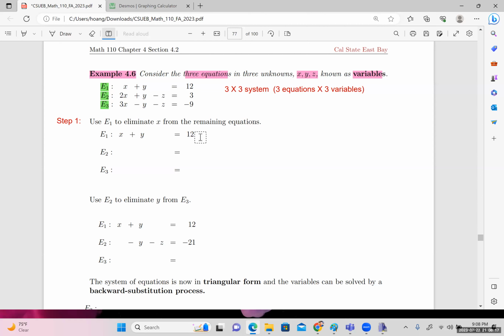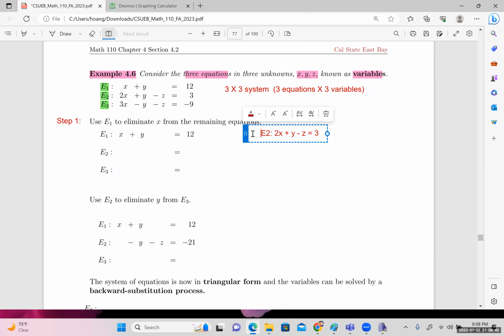So think about if you want to have a new equation 2, you can rewrite equation 2 as 2x plus y minus z equal to 3, right?